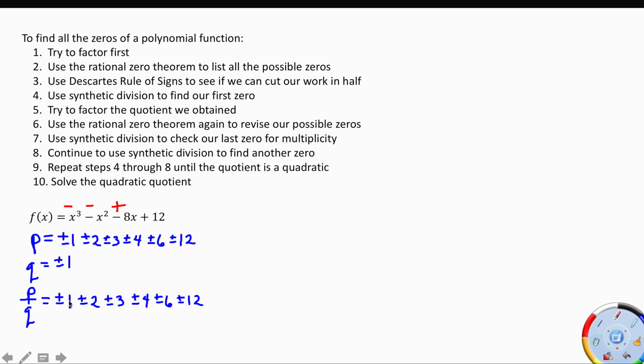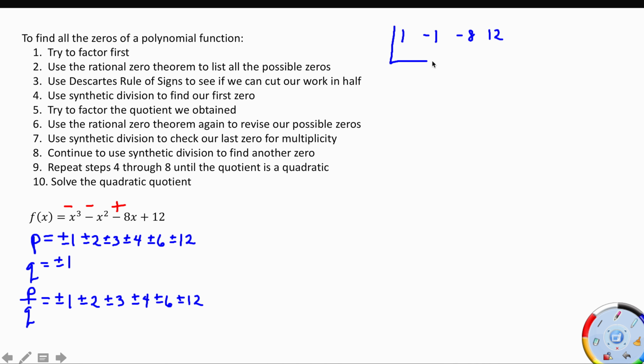I'm just going to go down the list and try my synthetic division with each of these possible zeros. When I'm using my synthetic division, double check, make sure it's in descending order, 3, 2, 1, 0, and there aren't any terms missing. And there are not in this one, so I'm going to put up my coefficients.